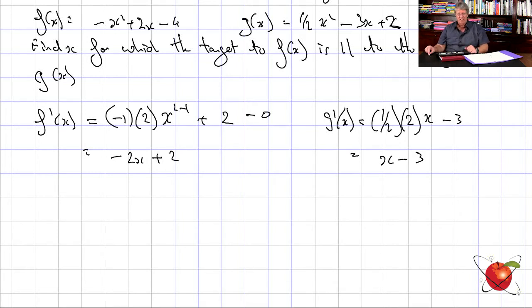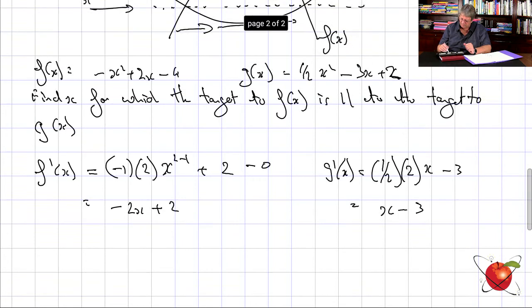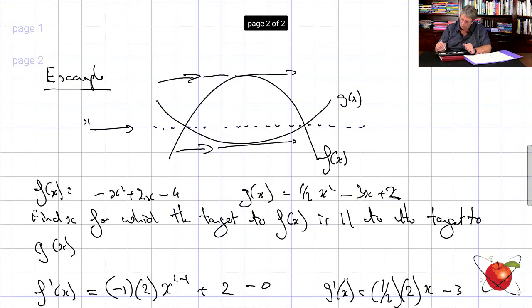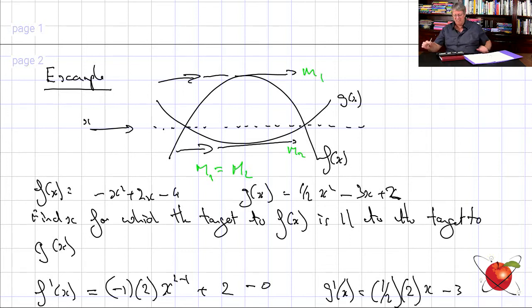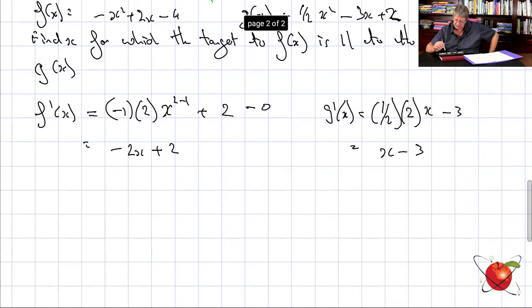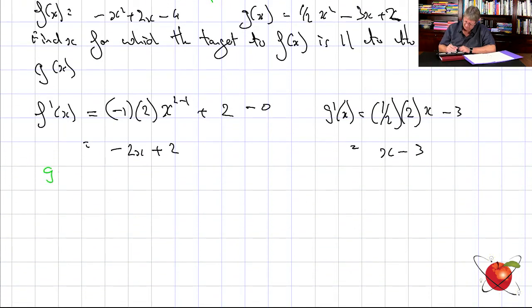Now they've said that they must be parallel. Let's go back up here. What do they mean when they talk about it being parallel? They mean m1 must equal m2. To be parallel, the gradients must be the same. So what I've got here, what is this? This is the gradient at any point x.